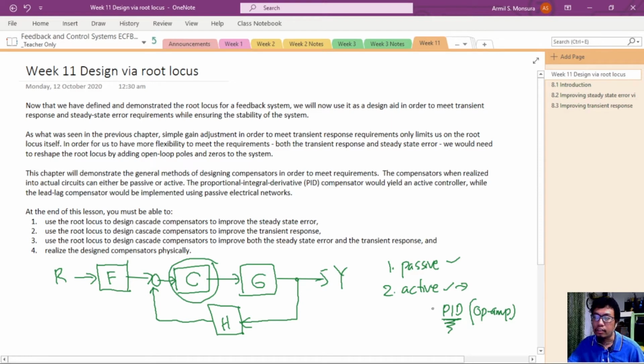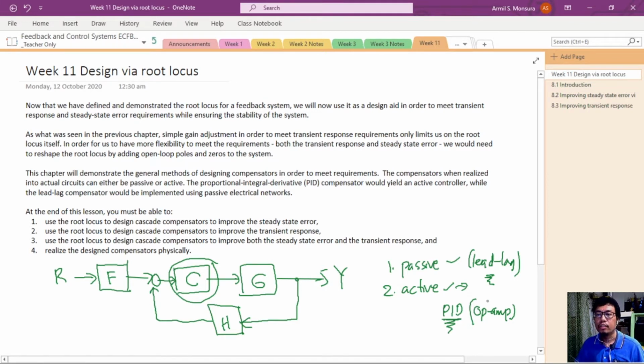Now, if your controller naman is chosen to be passive, it would be a lead lag circuit, which would mostly be composed of passive networks. So yun yung tinitingnan natin dito.